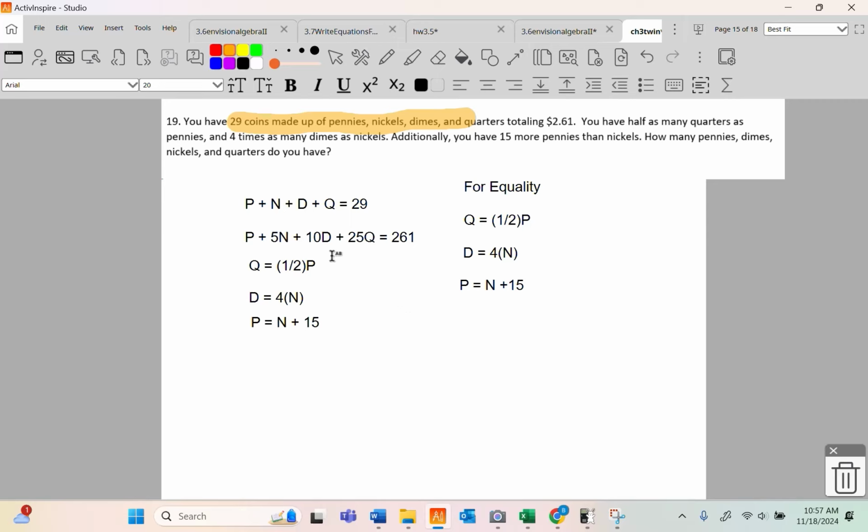Now, I want to do this with matrices. So I'm going to have to play with these equations. I've got to get variables on one side and everything else on the other. The reason I'm doing that is because that's what is required to write what's called the augmented matrix.